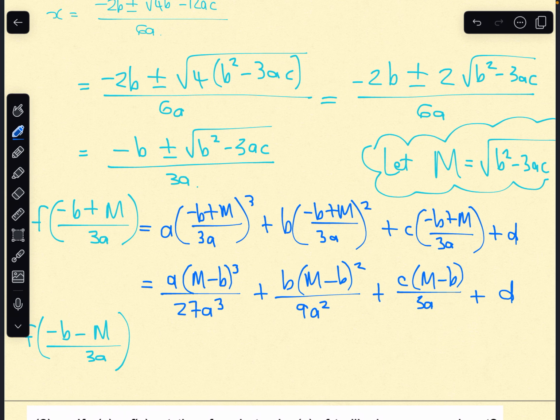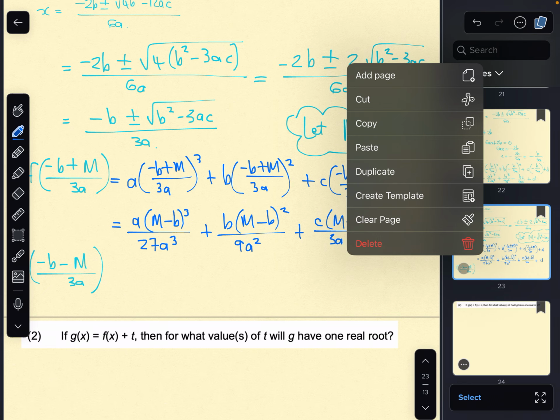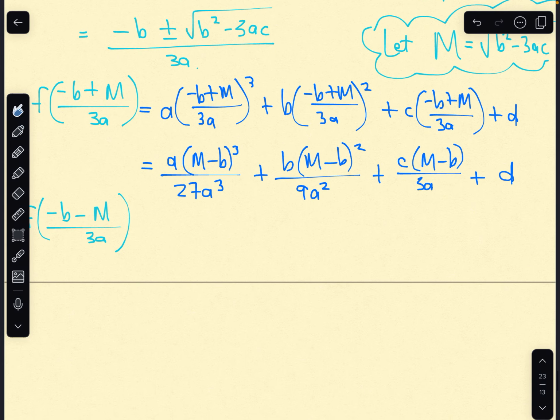I'm gonna leave it at that for now. I'm just gonna conserve my energy, not expand the brackets unless I'm completely convinced I need to.